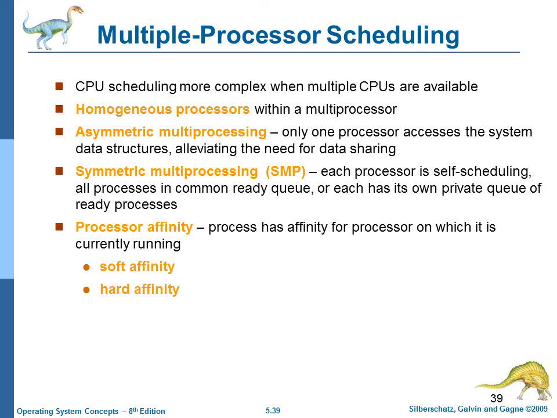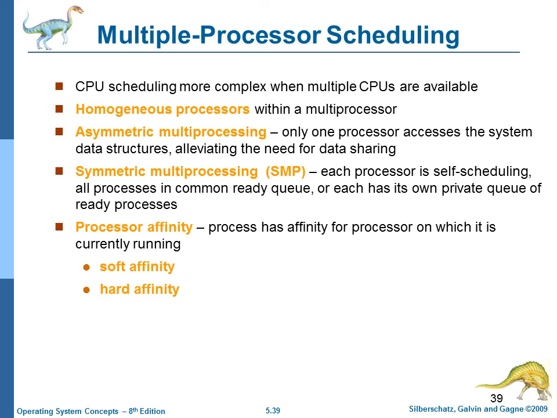Linux and some other operating systems support another type of affinity. It is called hard affinity, in which a process specifies that it is not to be moved between processors. Main memory architecture can also affect process affinity.